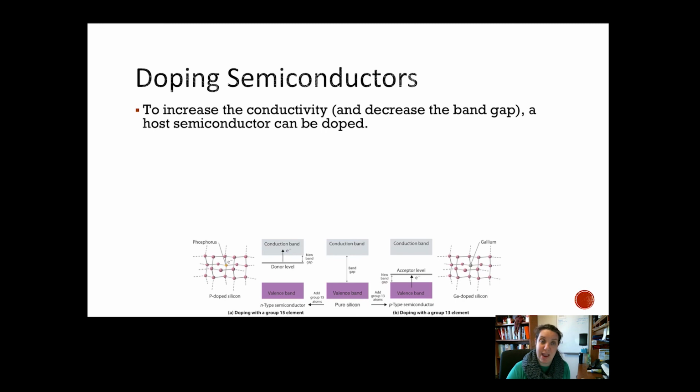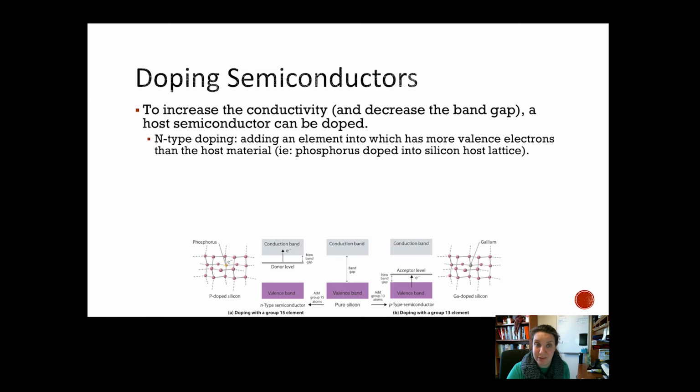We have two types. We have N-type, or negative type. We add an element in that has more valence electrons than the host material. For instance, phosphorus into a silicon host lattice: phosphorus has 5 valence electrons, silicon has 4 valence electrons. So phosphorus has a greater number of valence electrons, and it'll add what's called donor levels.